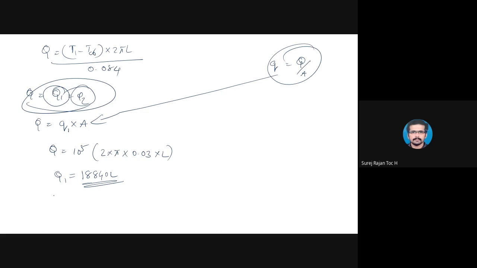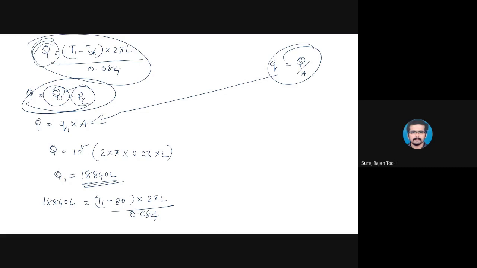Then we can substitute this particular term in this equation. We know that Q1 is equal to Q2 is equal to Q, so here you can substitute the value of Q1. 18,840 into L is equal to T1 minus 18, that is the T infinity temperature, into 2 pi L divided by 0.084.